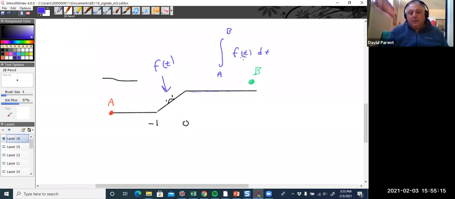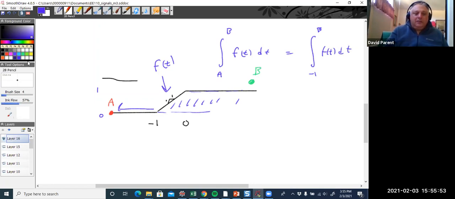It's non-zero. So b can stay where it's at, but in this case, a is less than the position a in time. It's occurring before this starts to give you any area, right? So I can change the limit of integration to -1 to whatever value b happens to be.